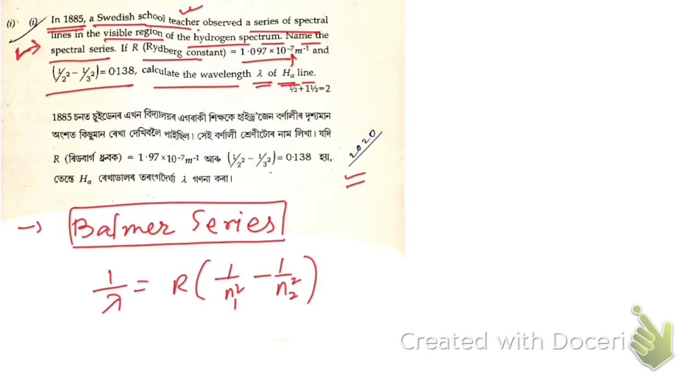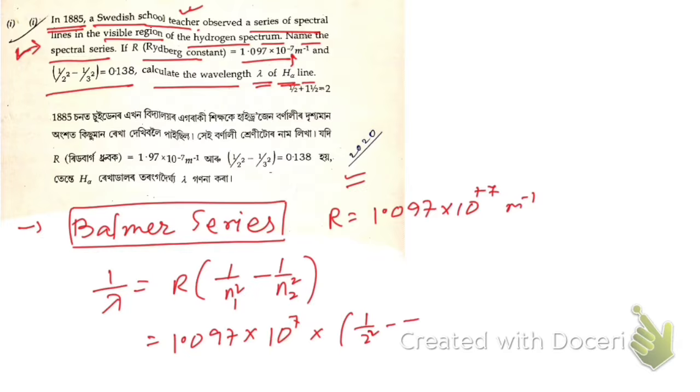So in this case, this value of R is given here, 1.097 into 10 to the power minus 7. Actually it's supposed to be plus 7. So let me put here 1.097 into 10 to the power 7, and instead of this we're going to put 1 by 2 square minus 1 by 3 square.